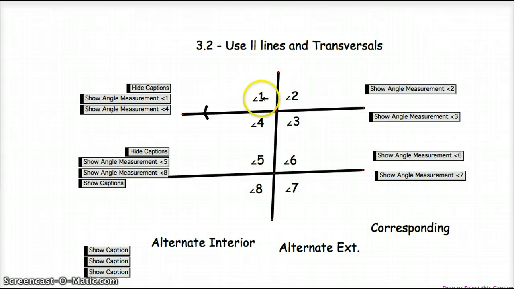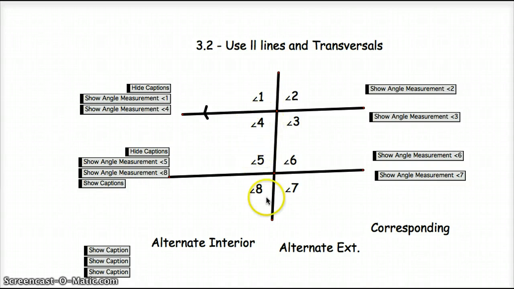As of yesterday, you should have learned that angle 1 and 5 are corresponding angles. They're in the same spot on the same side of the transversal. This one's above the parallel line here. This one's above the parallel line here. They're both on the left side of the transversal.